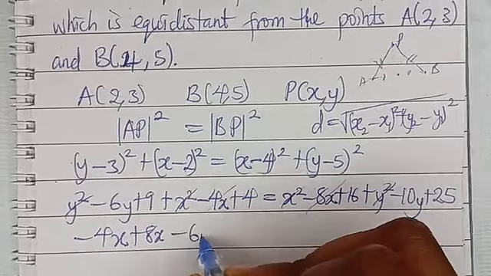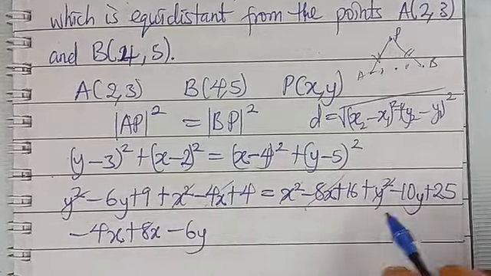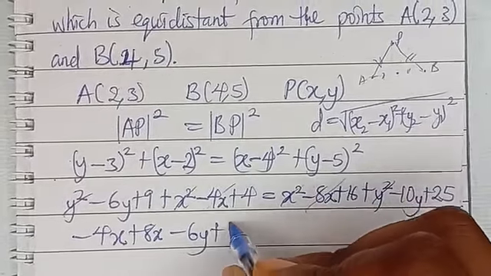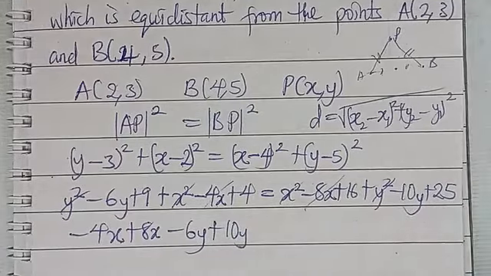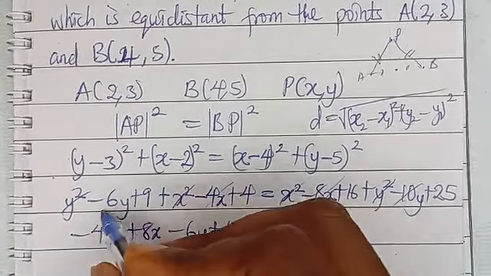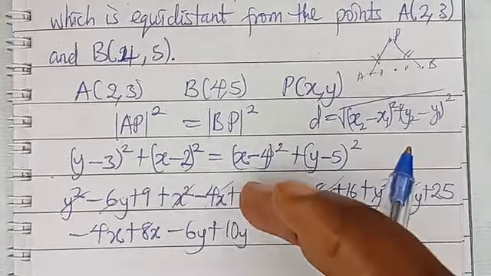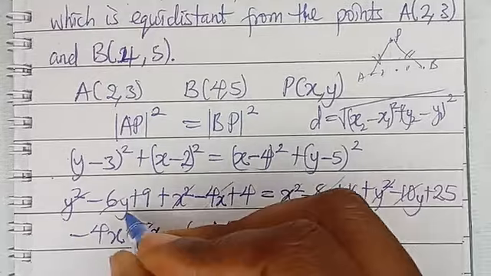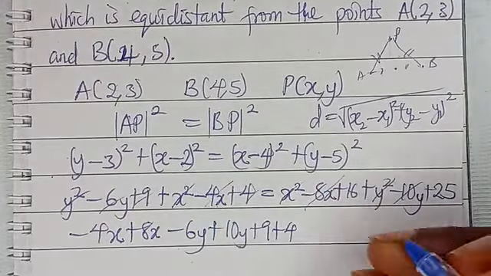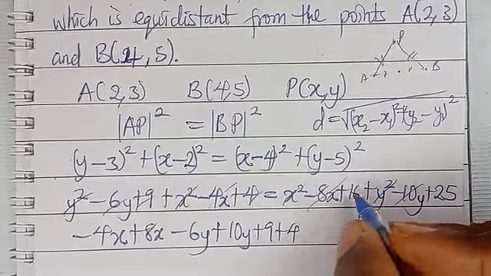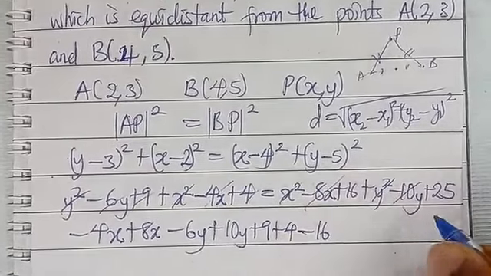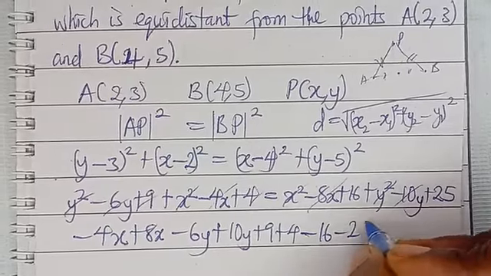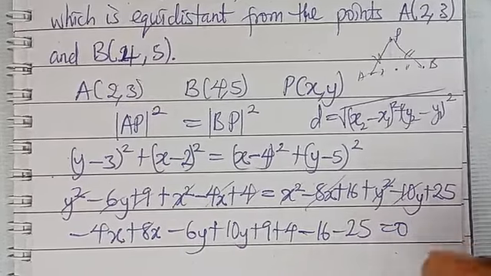We have minus 6y on this side, and then on this side, minus 10y becomes plus 10y. And then let's take in our constants. On this side, we have plus 9 plus 4, and then on this side, it's going to come over to be minus 16, and then minus 25, equal to 0.